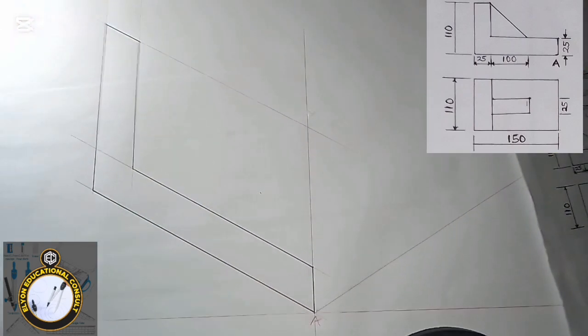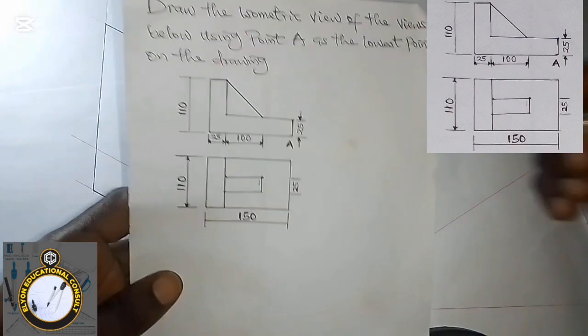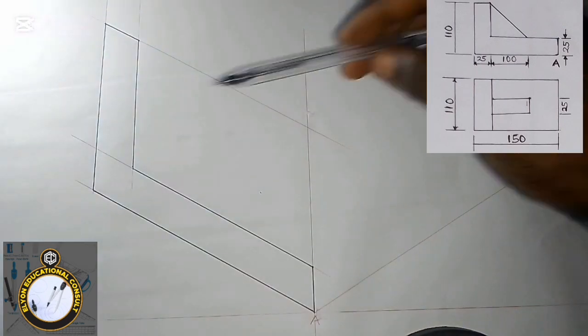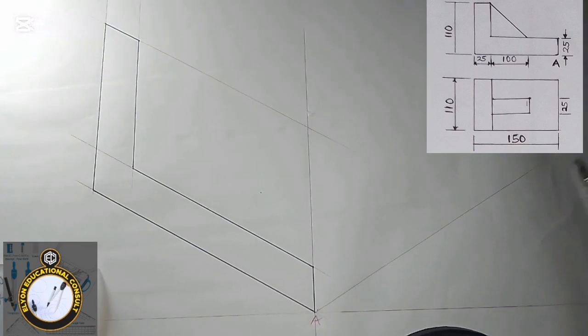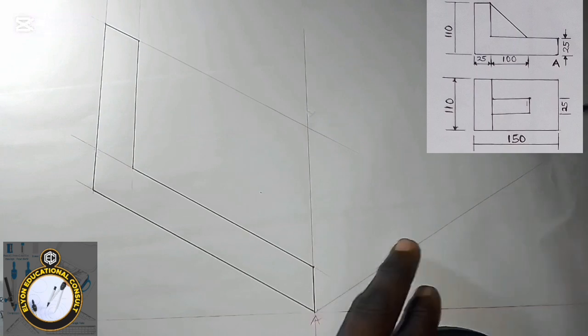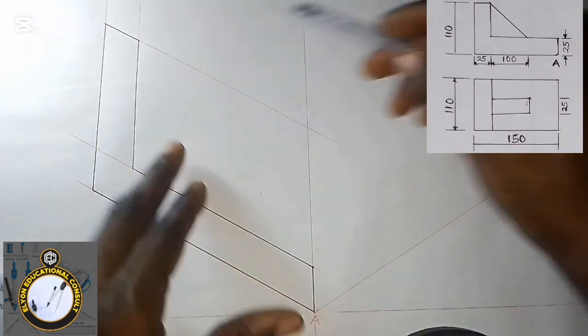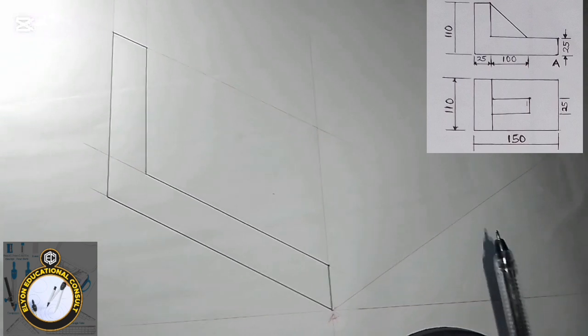So we can see this now. This part is this. Now by the principle of isometric, we should have another line which will recede this way, this way, this way, this way. So I'm quickly going to put that now.